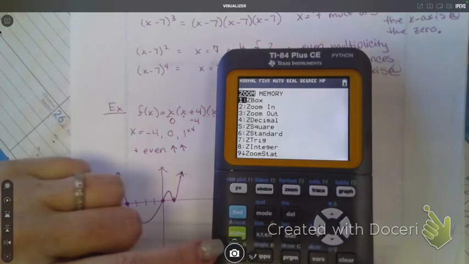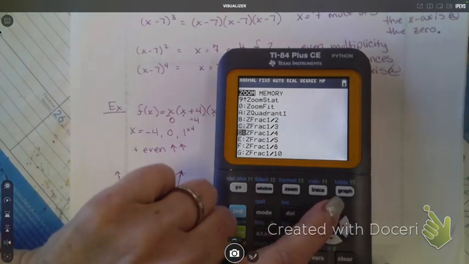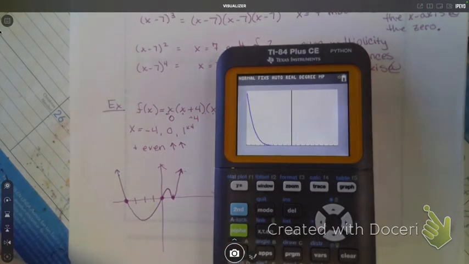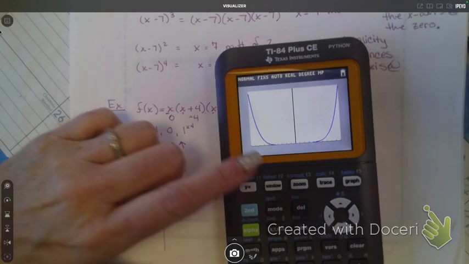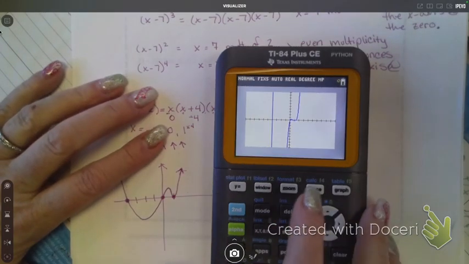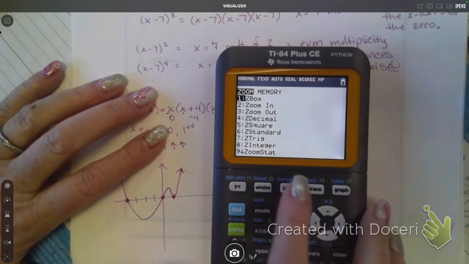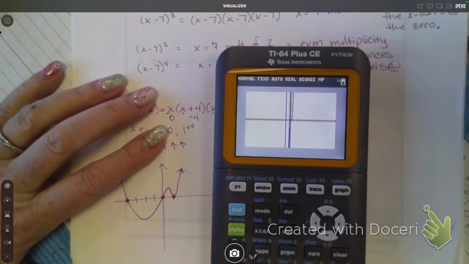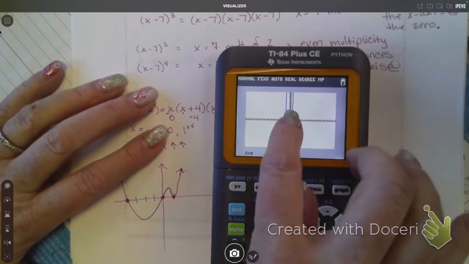Let me see if we can get a picture of it all. Nope, that did not work at all. Stupid calculator. Oh, so it drops a lot. See that?